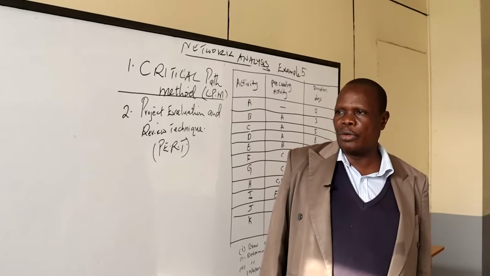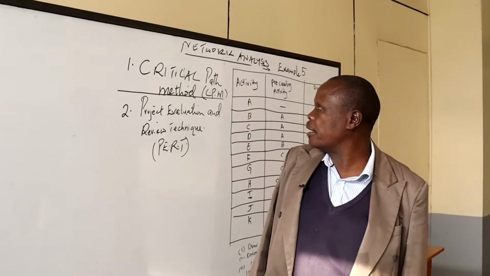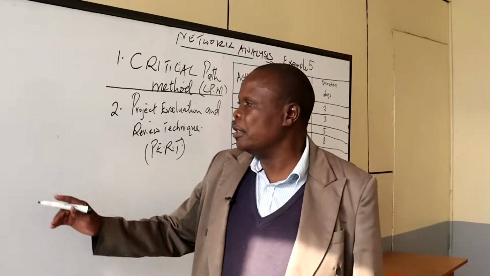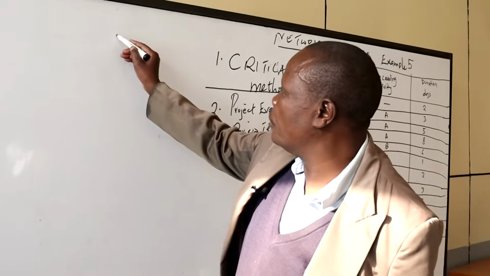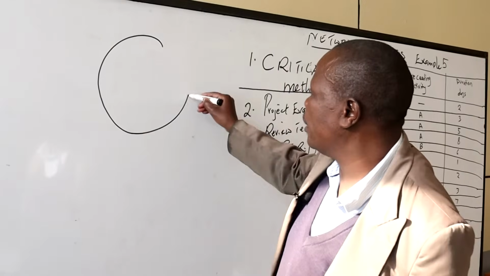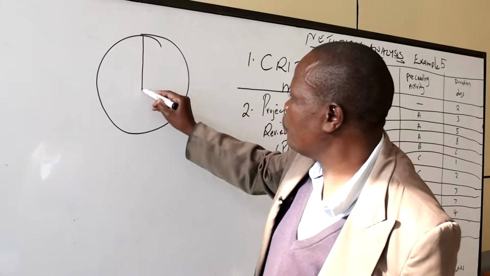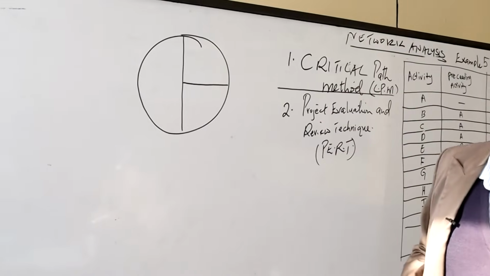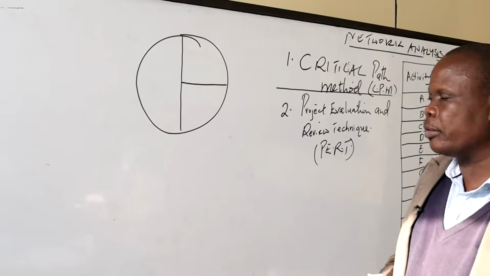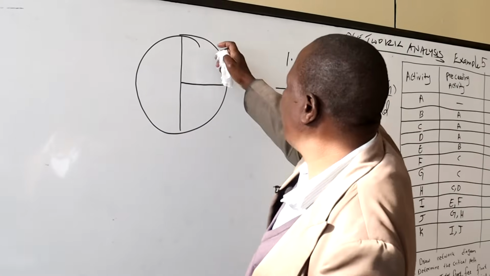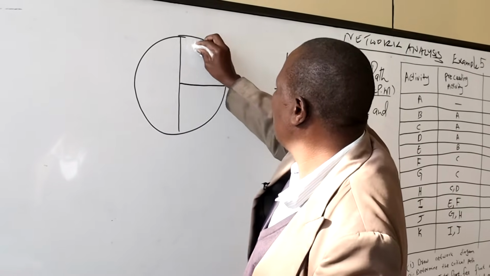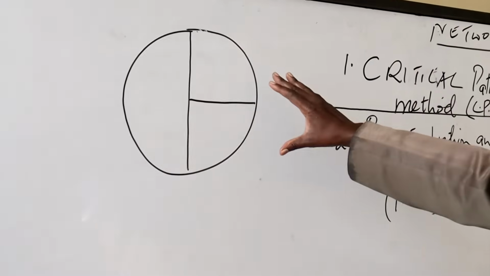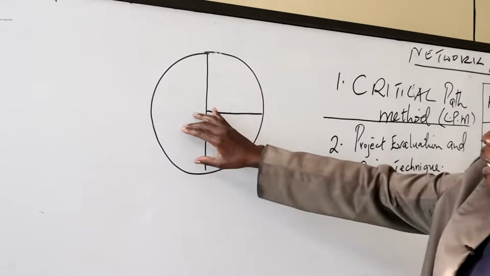So in construction of a network using the critical path method, each node is now subdivided into three. And this is applicable generally to construction of a network with the time estimates, with any time estimate. So each node is subdivided into three parts.